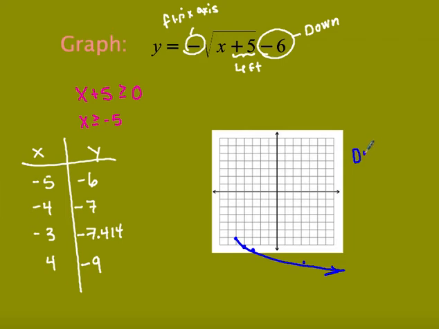So my domain of my function is going to be all values of x, such that x is greater than or equal to -5, except my range changes a little bit because of that negative, and my values are getting smaller. So my y values are y such that y is less than or equal to -6. So there's going to be a flip in my range because of that negative on the outside.